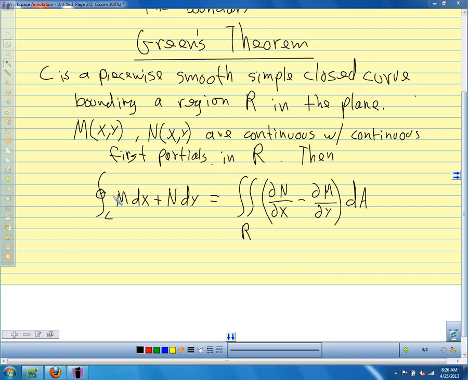And remember that this line integral M dx plus N dy is just the differential form of our line integral.